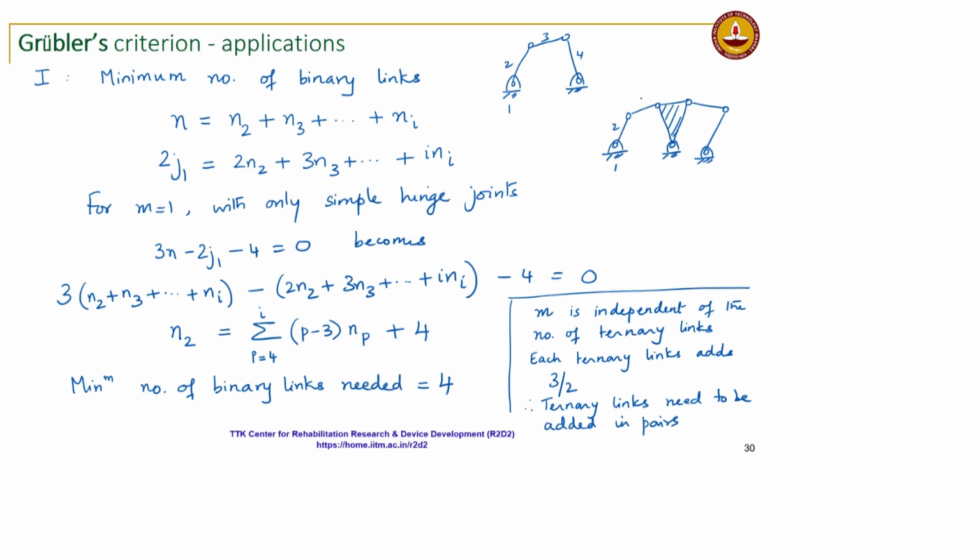Let me number 1, 2, 3, 4, 5, 6. Sorry, the ternary links are 1 and 4. The mobility remains unchanged. The mobility of this is also 1, and the mobility of this is also 1. This is an example where you add a pair of ternary links and the mobility of the mechanism is not affected.